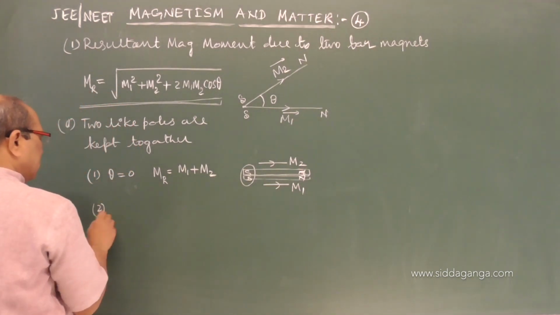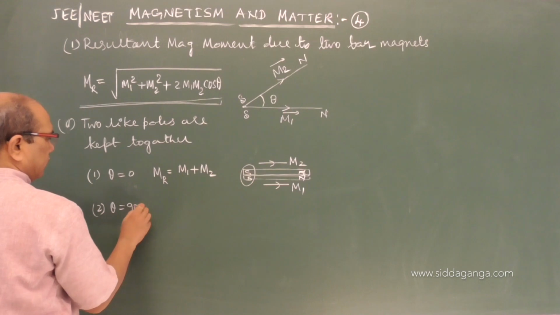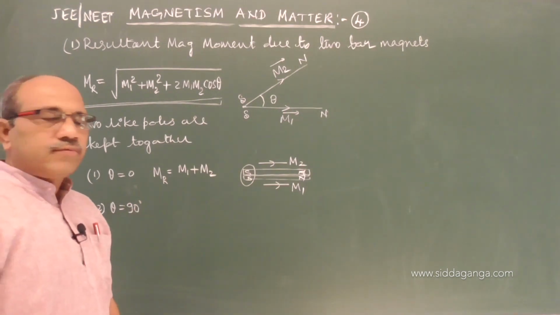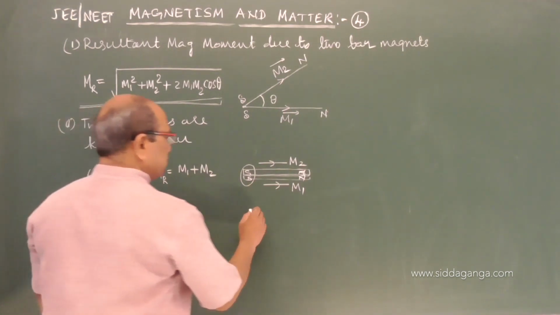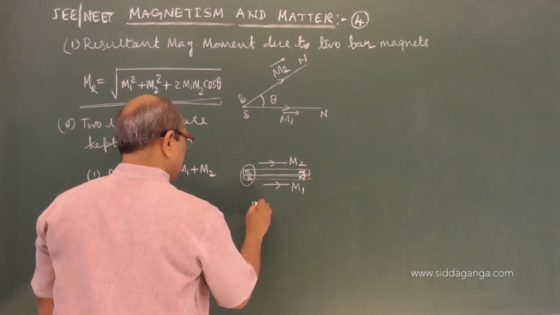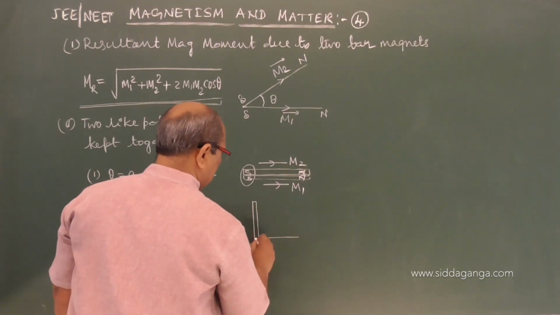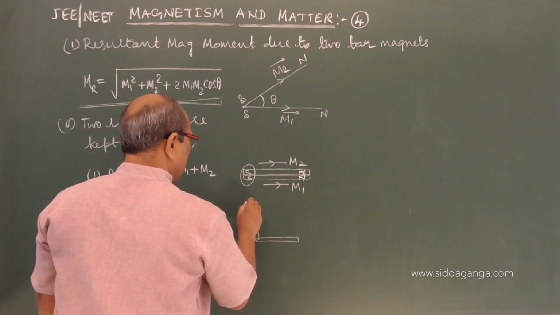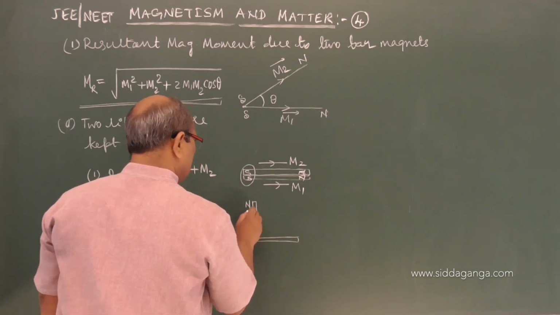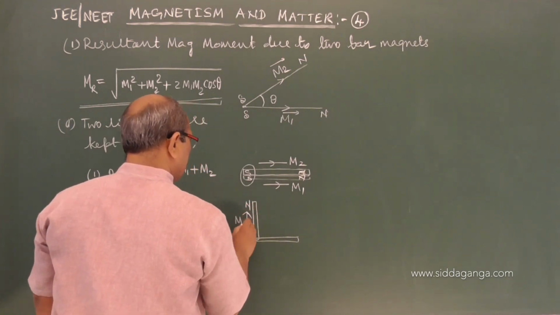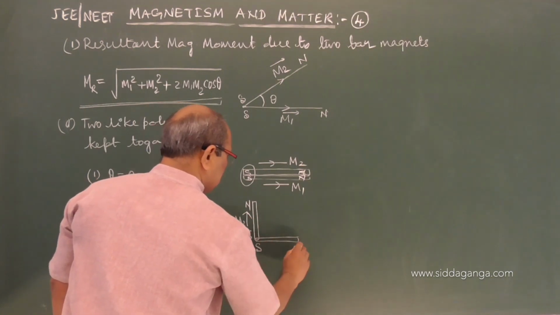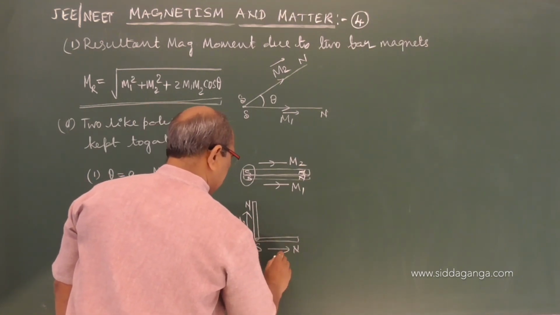Or if theta is 90 degrees, then what happens? The 90 degrees may be like this. With the like poles again together, we place north, south. So this acts in this direction as m2, and this south, north acts in the direction of m1.